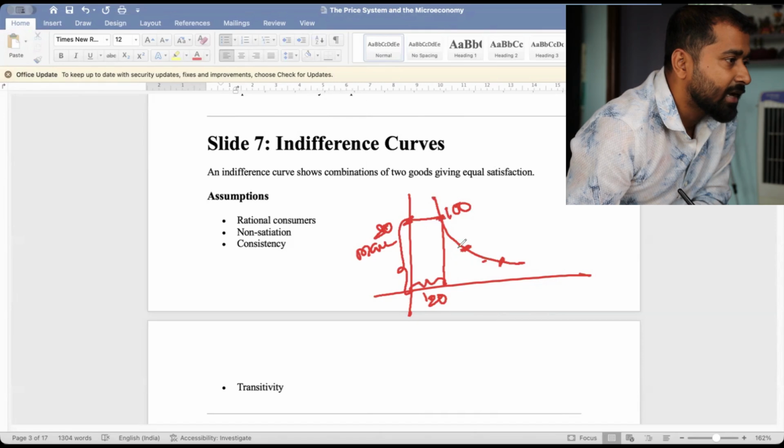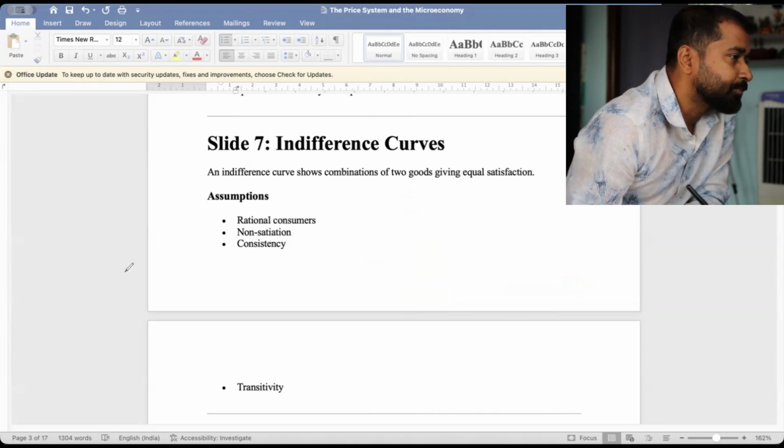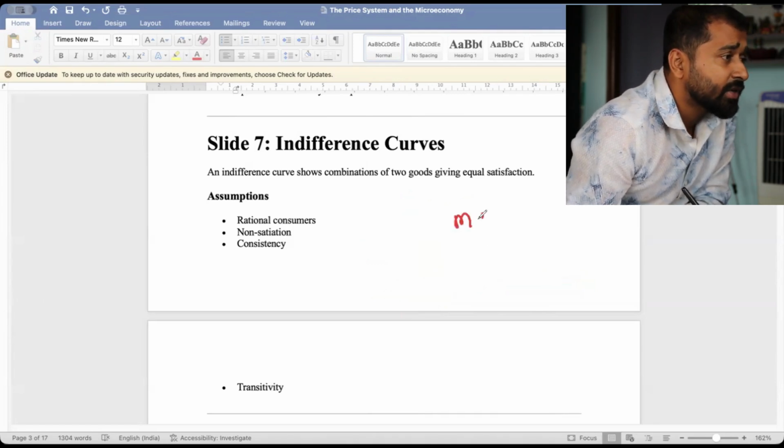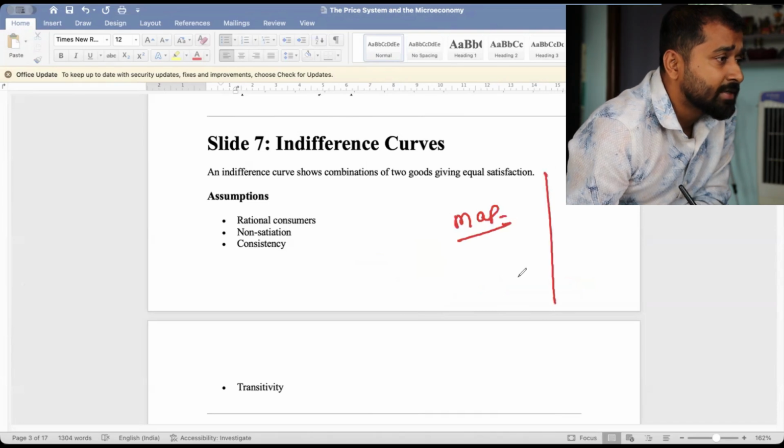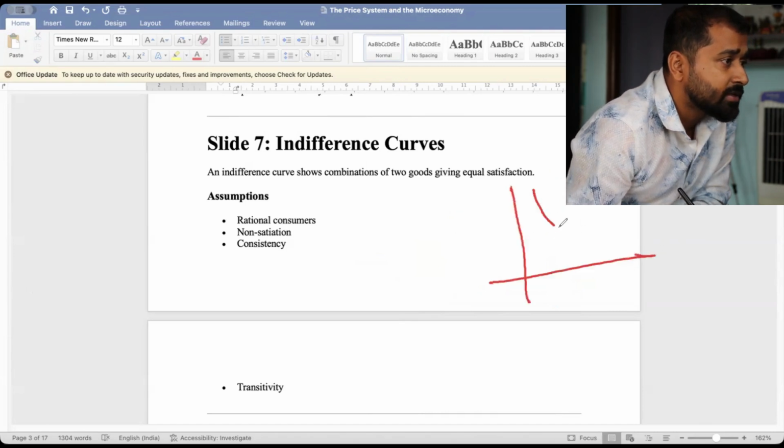So when I match all of this and have a curve, this is known as the IC curve, the indifference curve. One more point I want to tell you, the indifference map. In the same diagram, if I am showing more than one IC, this one is IC1, this one is IC2, this one is IC3.